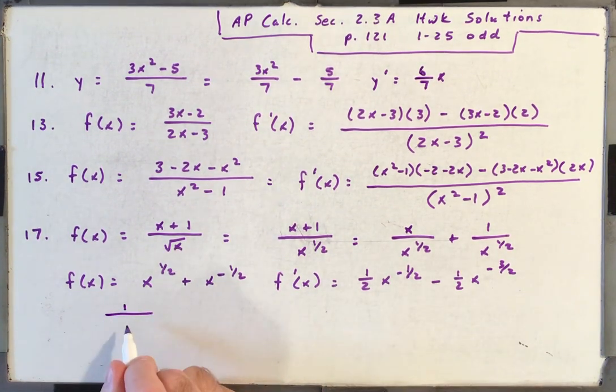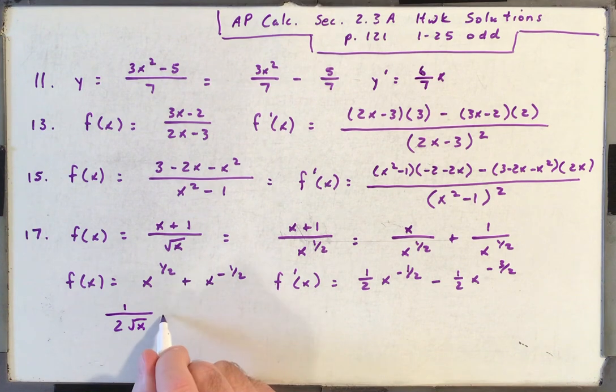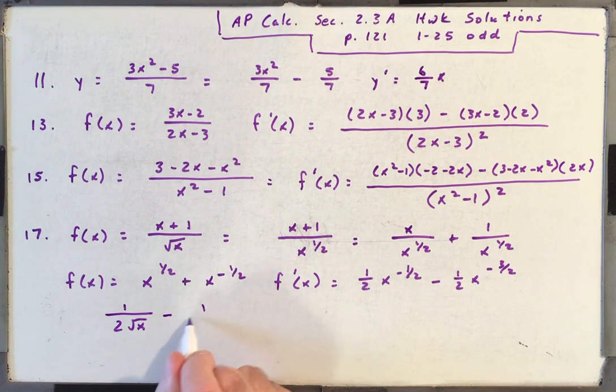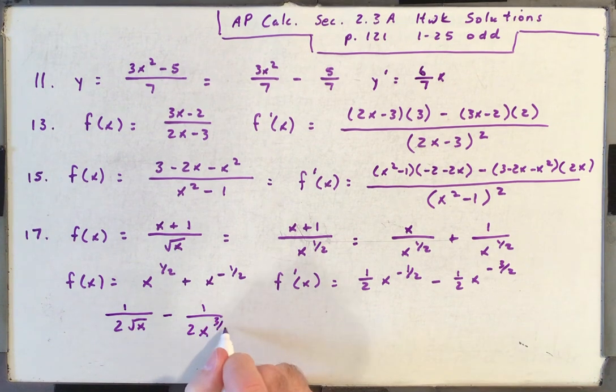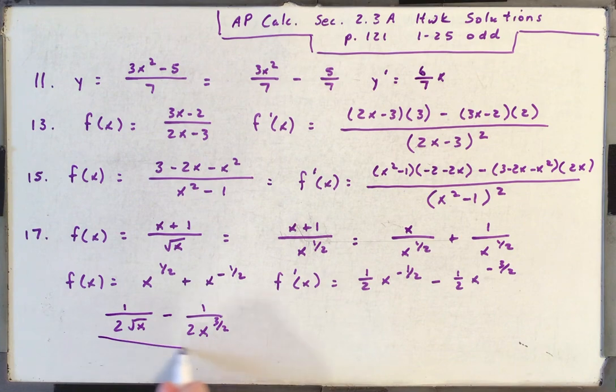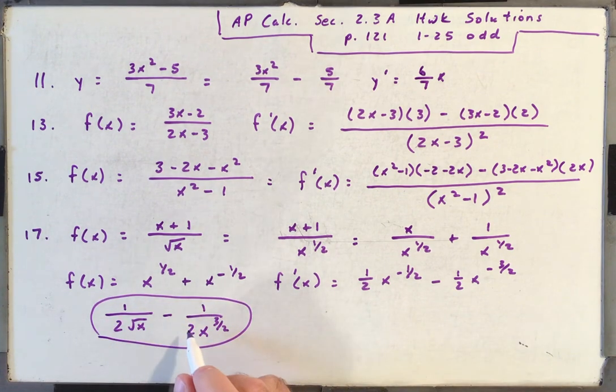So that's going to be 1 over 2 times x to the 1/2, which is just root x, minus 1 over 2x to the 3/2. And I'm fine if you write that with exponents. But I think that's probably the easiest way to do that. I only do quotient rule or product rule if I have to.